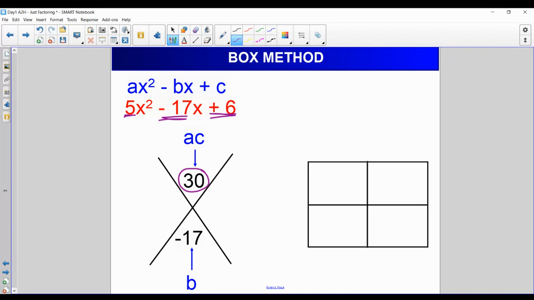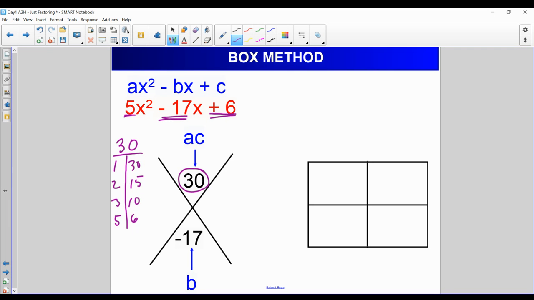So this is kind of what I was saying on the last one. Maybe I don't remember right off the top of my head, and I want to just quickly make a factor table. So if I multiply 1 times 30, I get 30. If I multiply 2 times 15, 3 times 10, 5 times 6.